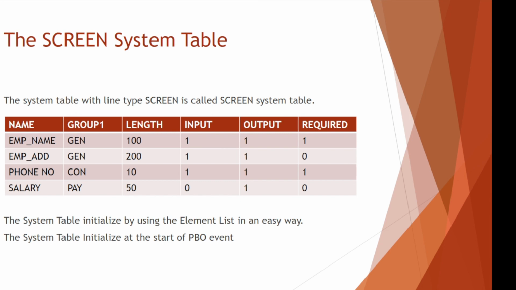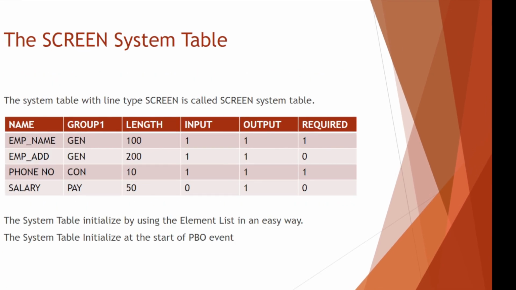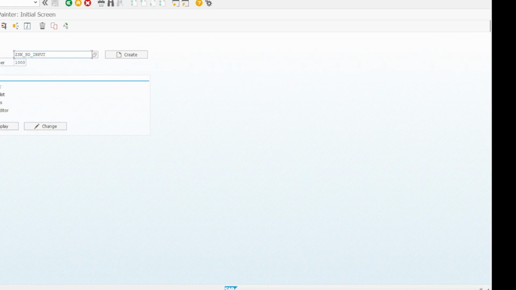What are the initialization values of the system table? We have discussed that it is initialized in the element list option. Let's move on. So let's move straight to the system and find the screen table and the element list.